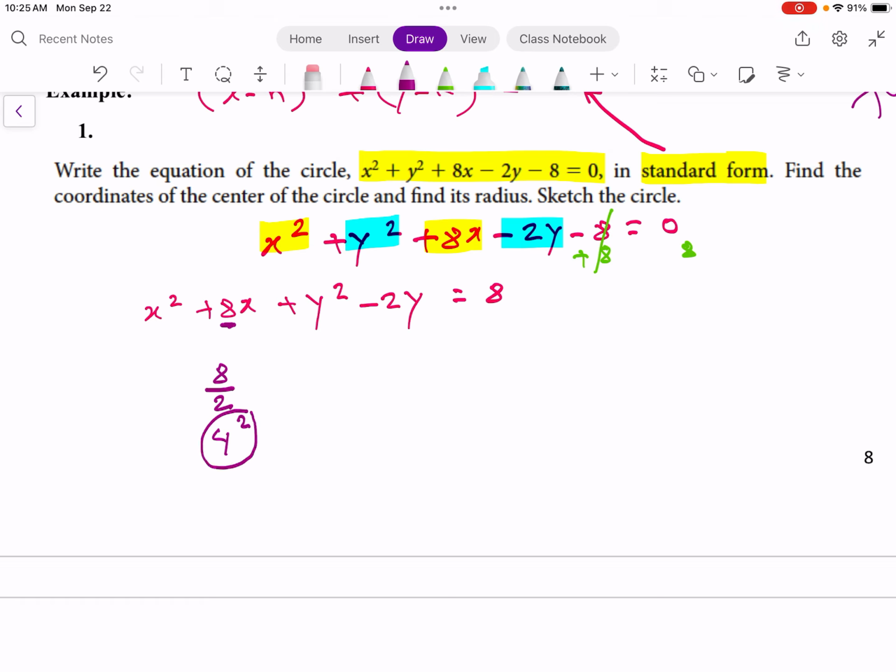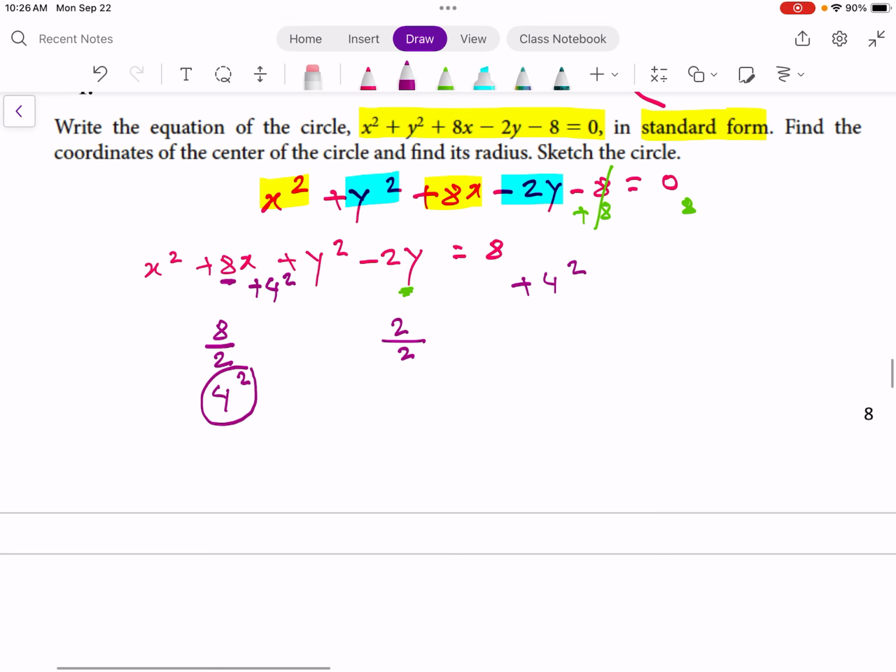You write that right next to the 8x. So you are adding 4 squared on both sides. You do the same thing for the coefficient of y. You take the coefficient of y, which is 2, divide it by 2, we get 1. You square this and add 1 squared on both sides.